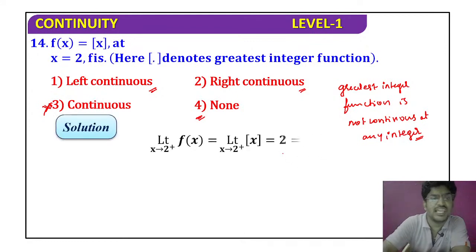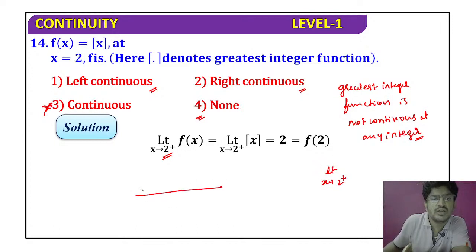what happens with LHL and RHL. For RHL, the limit x tending to 2 plus. That means this is 1, this is 2, this is 3. This x will be from the right side, so it will be in between 2 and 3.